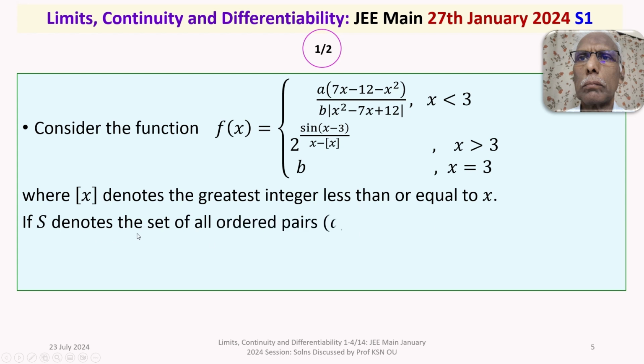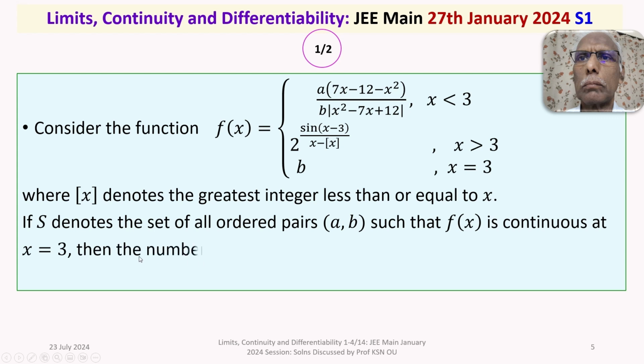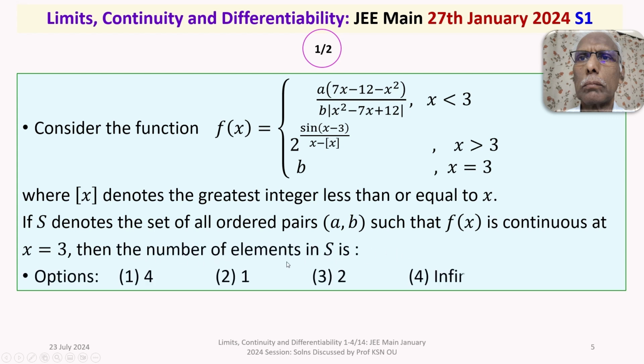If S denotes the set of all ordered pairs (a, b) such that f of x is continuous at x equal to 3, then the number of elements in S is, we are given 4 options.